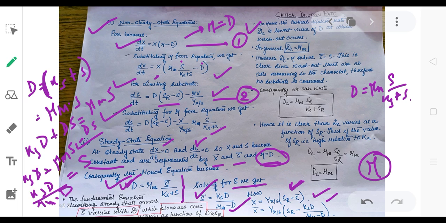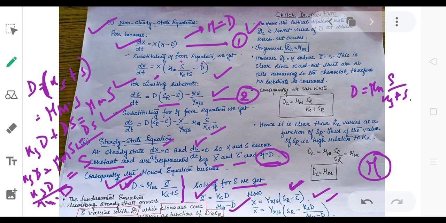But when we go for the cell substrate concentration, you get to see that if you put the value of 0 on dS/dt, you get mu X/Yx/s is equal to D(Sr minus S). And from there, if you substitute D, the D is basically cancelled, and you know that it is X equals Yx/s (Sr minus S), which I have discussed in my previous slide. But you cannot relate this equation with Monod's equation as you don't have the value of mu.